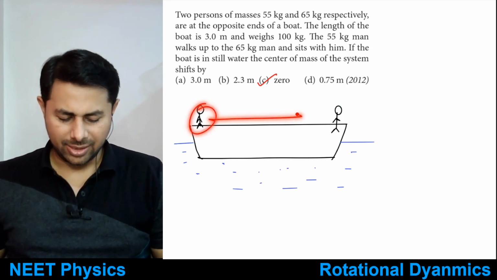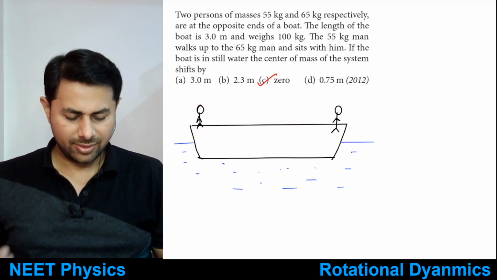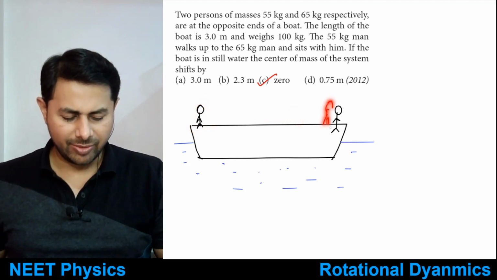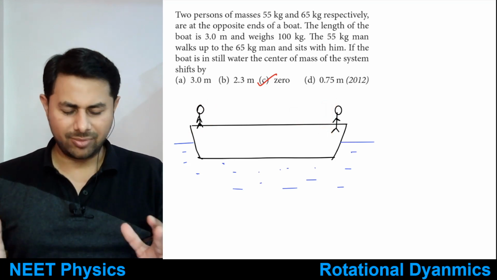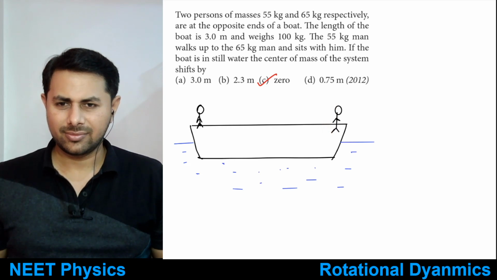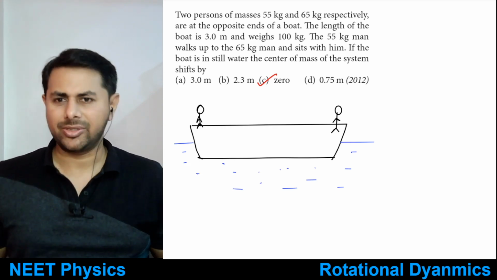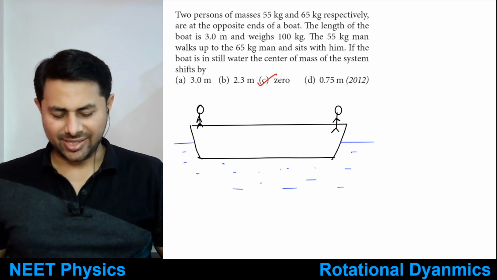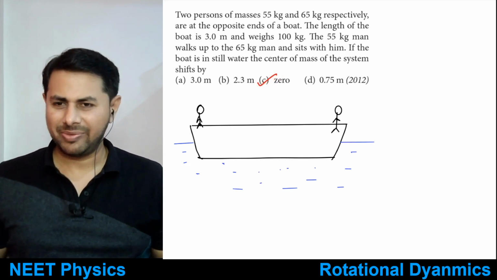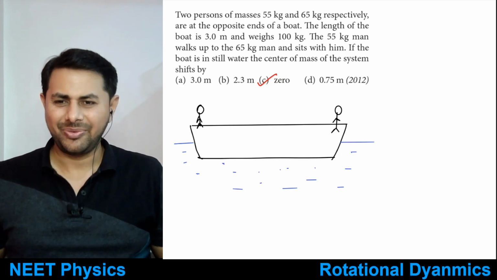If this man is walking to the other man, then more weight will be on the right hand side. So the center of mass should shift to the right hand side. Anybody? How will you counter this? That's correct. There will be no change in the center of mass. But how? What will happen?